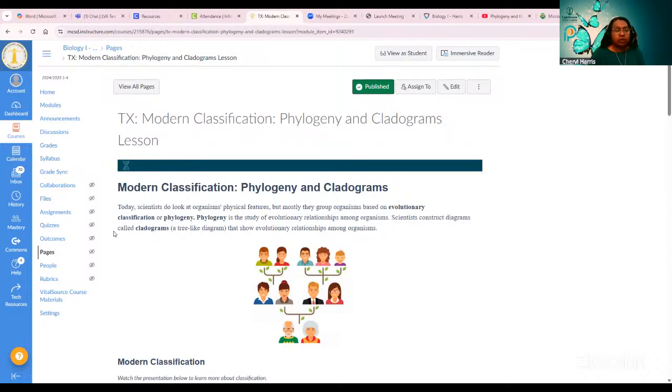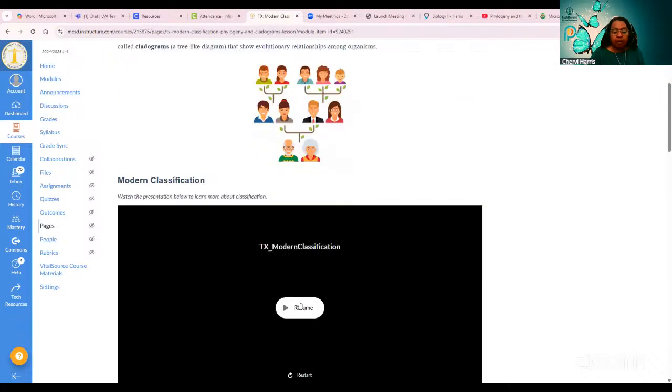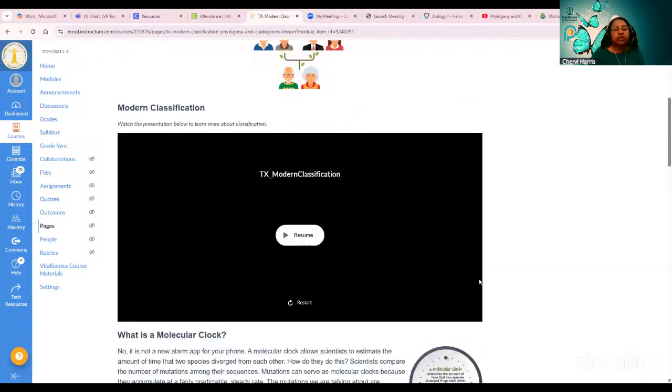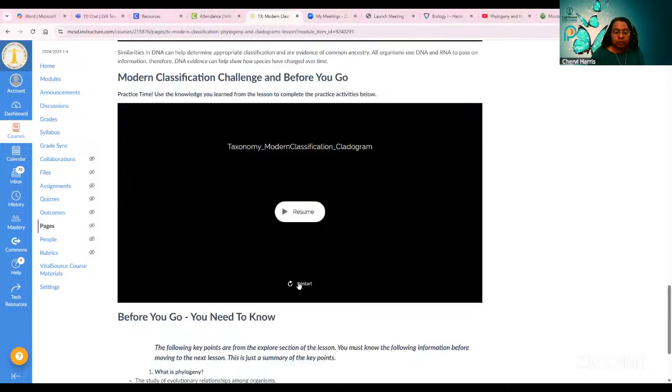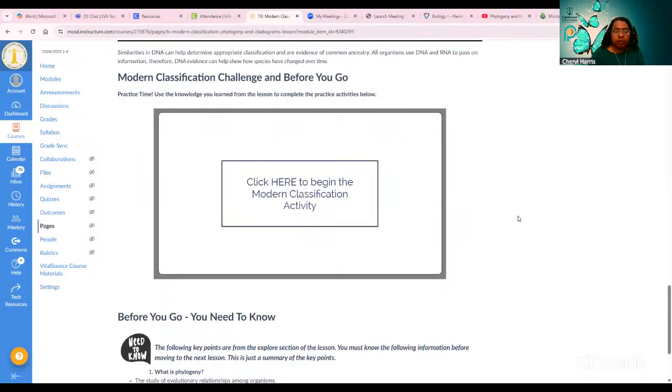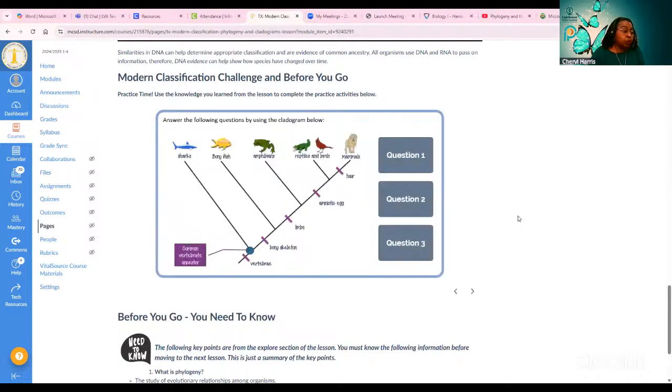All right, so the word today is phylogeny. It's the study of the evolutionary relationship amongst organisms. Another way that they represent this is by using a cladogram, which is kind of called a family tree, so to speak. If you were drawing a family tree, it would look like that, but with modern classification, it's going to look more like this.